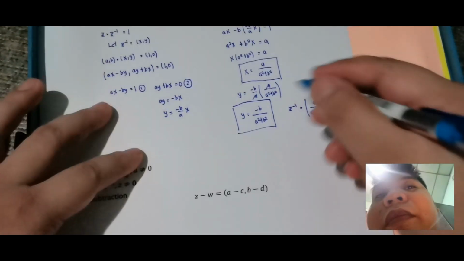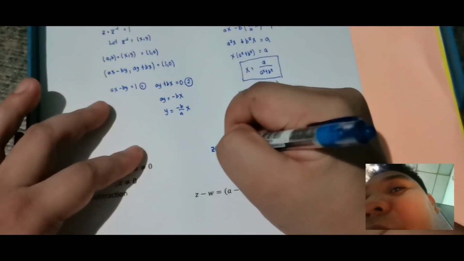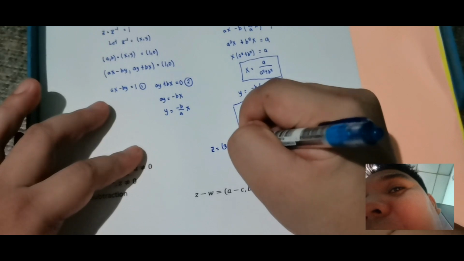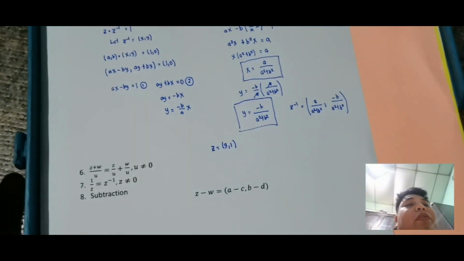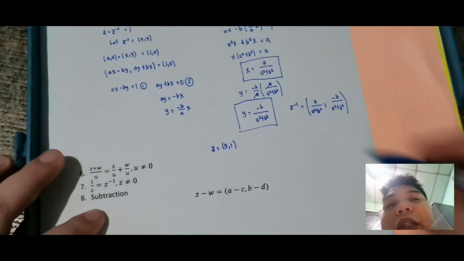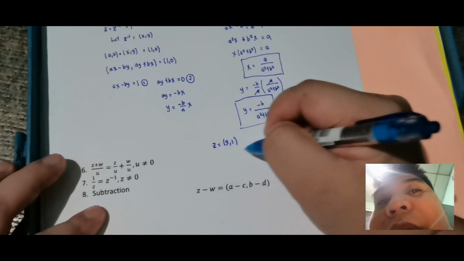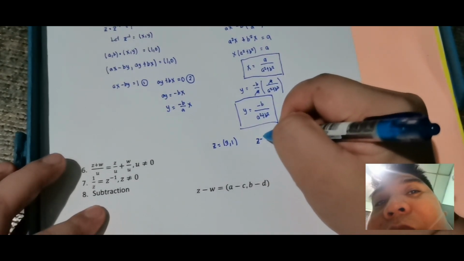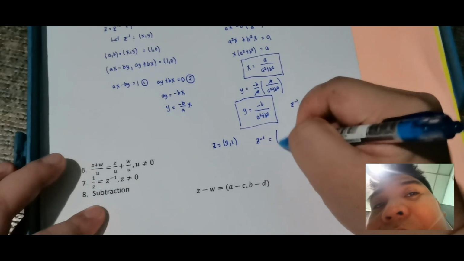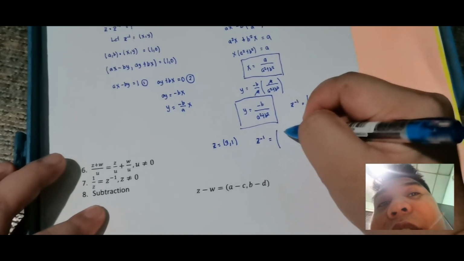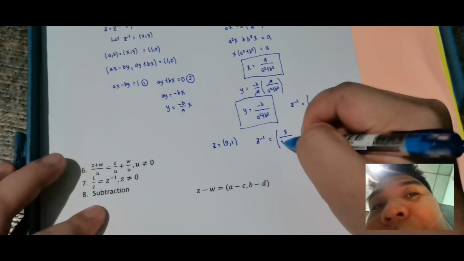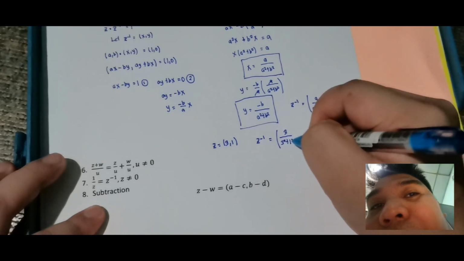So, for example, yung z ko is equal to (3, 1). Hanapin ko yung multiplicative inverse niya using yung formula. So, ang multiplicative inverse niya is equal lang sa, that is a, sulat ko lang si 3 over 3 squared plus 1 squared.